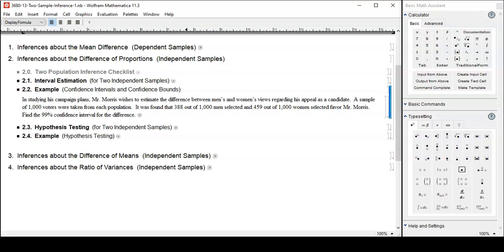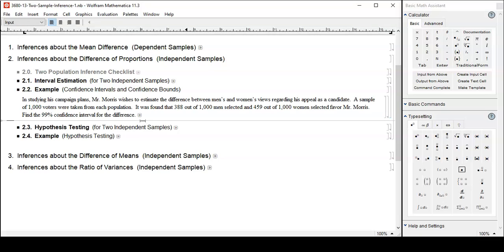So, in studying his campaign plans, Mr. Morris wishes to estimate the difference between men's and women's views regarding his appeal as a candidate. A sample of 1,000 voters was taken from each population, so 1,000 men and 1,000 women, and 388 of the 1,000 men selected, and 459 of the 1,000 women selected, favor Mr. Morris.